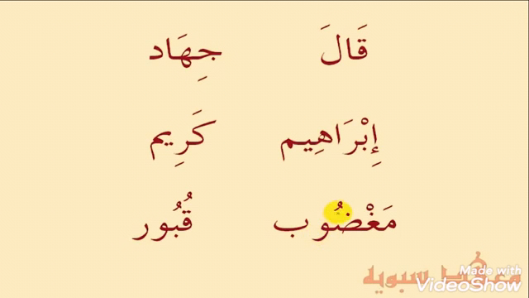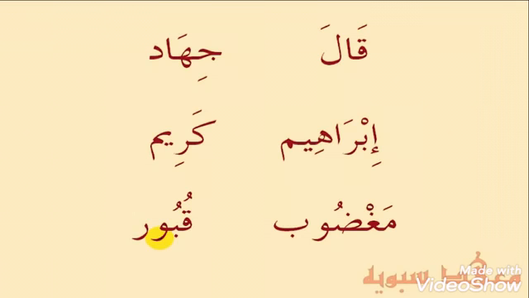So it's an elongation sound. So it's a u sound. So it's maghdoob. And finally, here, qubur. So there's the u sound again. They have a ba with the dhamma, followed by the waw. So you can see how the long vowel is formed there.